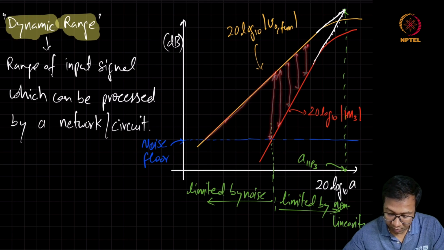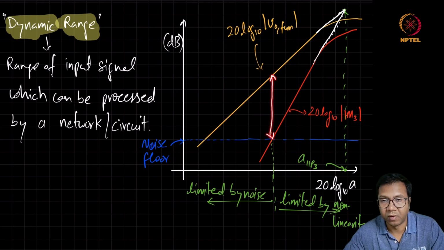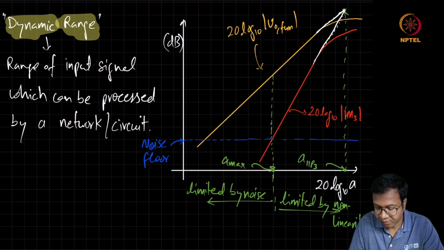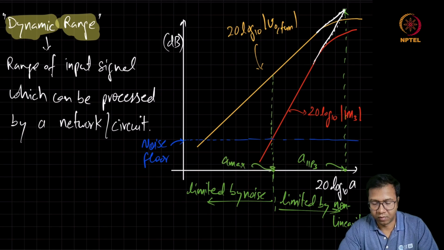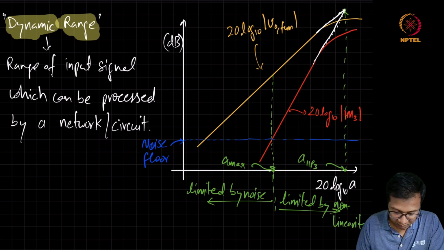The maximum signal to noise or distortion ratio which we can get is going to appear at this point. Maximum signal which we are able to process without causing intermodulation components, or the undesired nonlinear components, to exceed the noise floor.